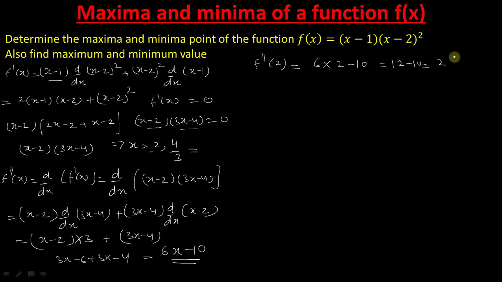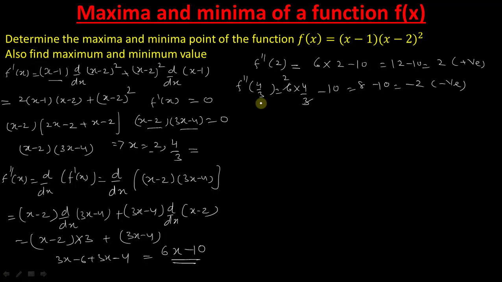it is positive, and f double dash 4 by 3, so it is 6 into 4 by 3 minus 10, 3 into 6, 2 into 4, 8, 8 minus 10 is equal to minus 2, so it is negative.